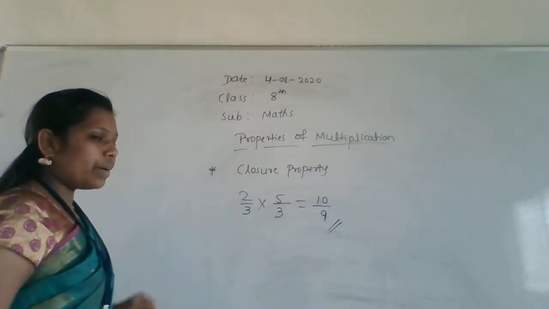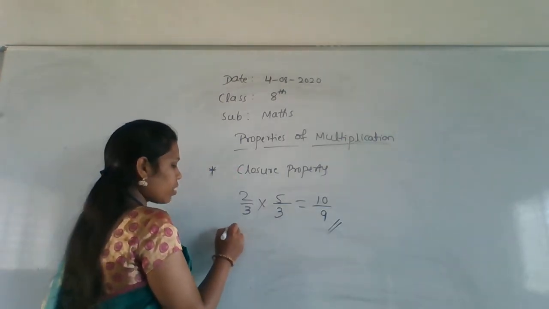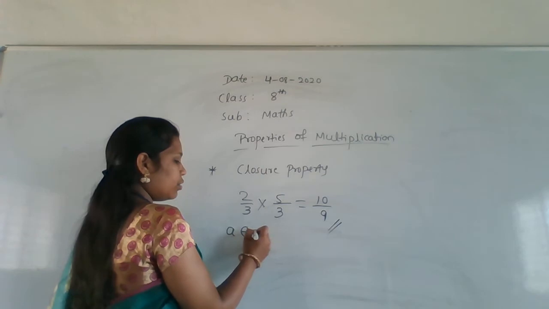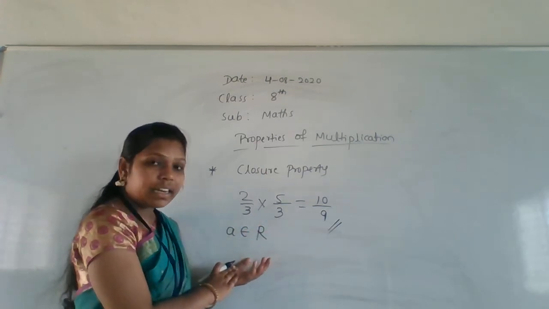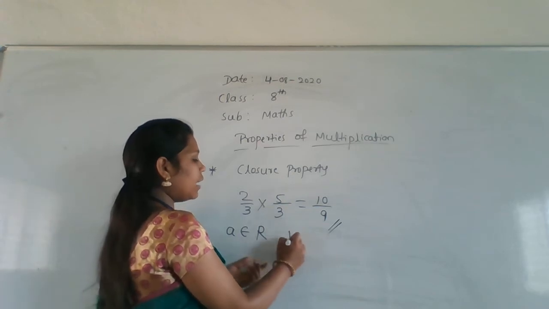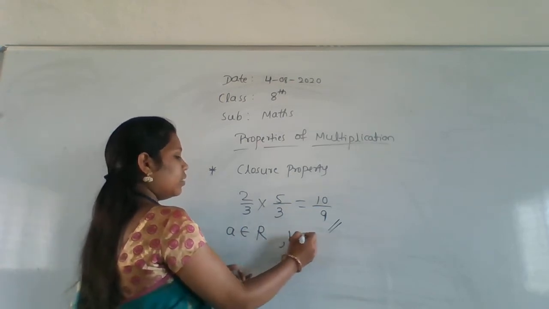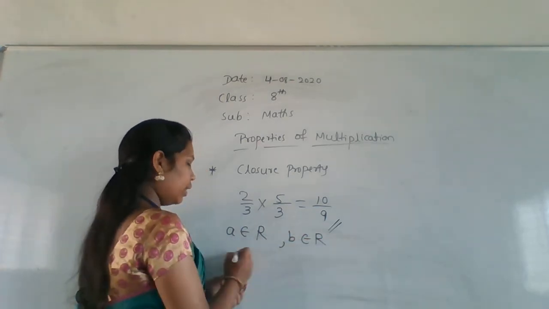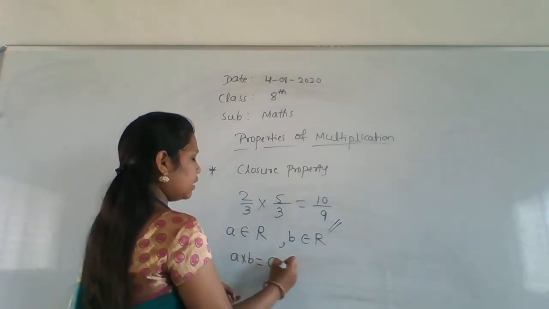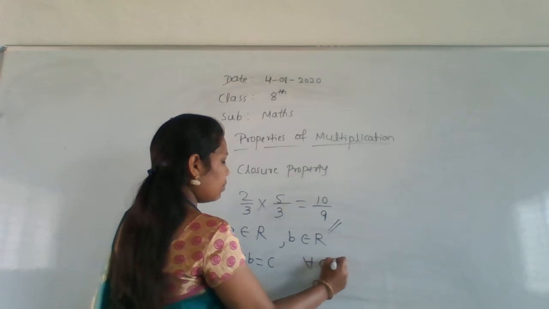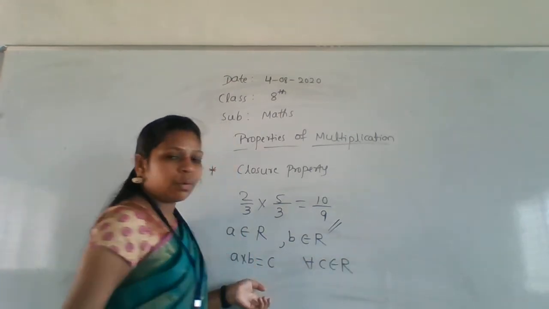What does the closure property say? If A belongs to R, where R is nothing but the real numbers, and B belongs to R only, then A into B is equal to some C, and C belongs to R only.